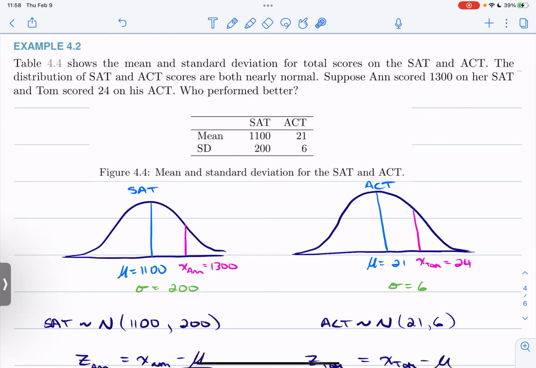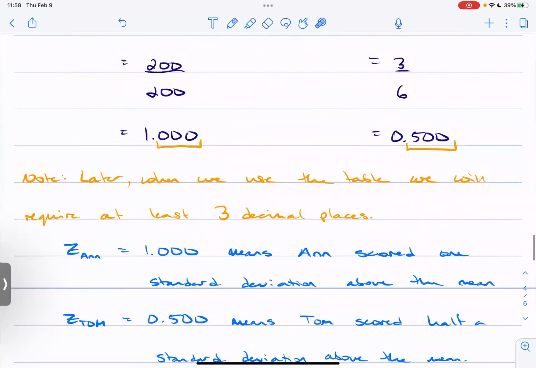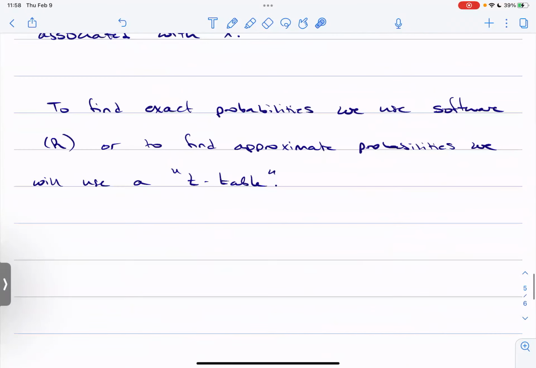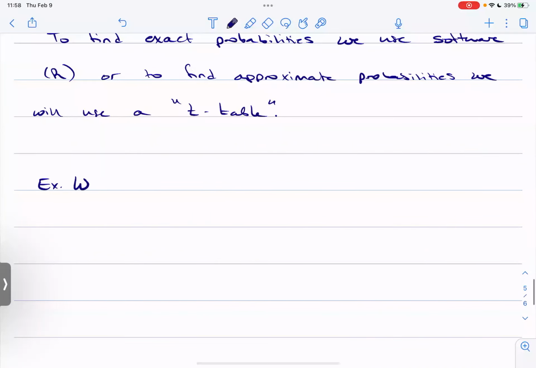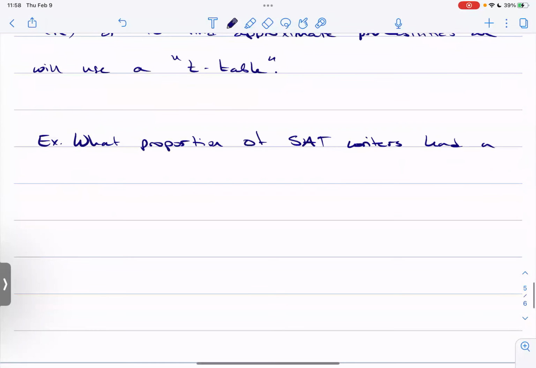That could be something that we would want to know. Okay, so for example, what proportion of SAT writers had a better score than Anne?